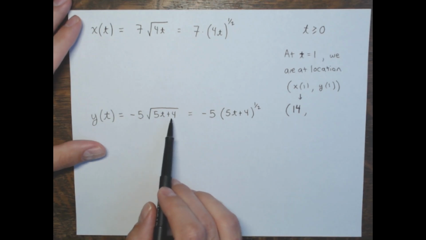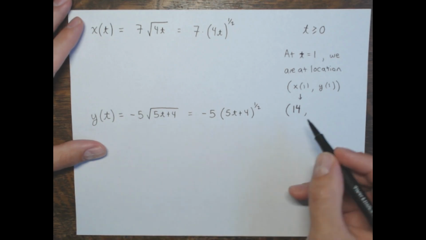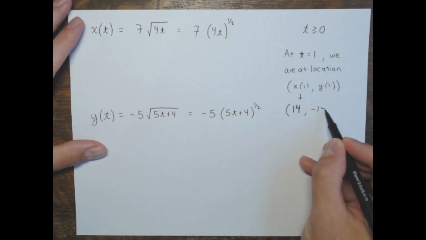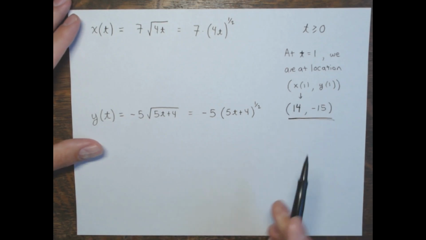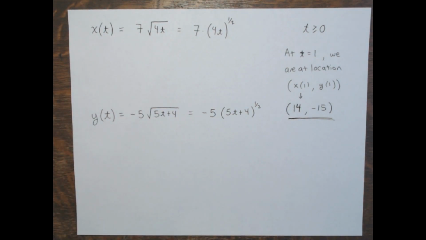The square root of 9 is 3, times negative 5, negative 15. So this is the point that we're located at when the value of the parameter is 1. What I want now, and what they're asking me for in the problem, is the slope of the curve, the derivative, the slope of the tangent line to this curve at this point.